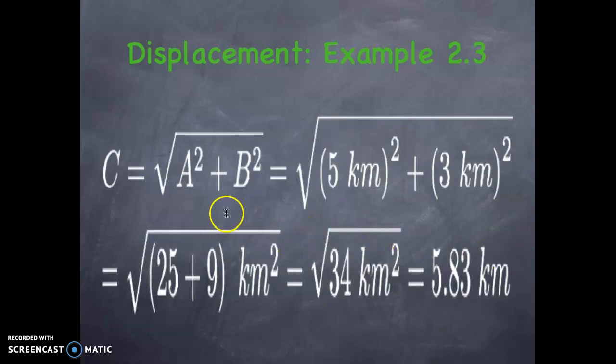So it turns out that if A in the previous slide was 5 kilometers and B was 3 kilometers, if you go through the math here and take the square root of 34, you get 5.83 kilometers. The square root of a kilometer squared is a kilometer. So the square root addresses the numbers and the unit, the kilometers.